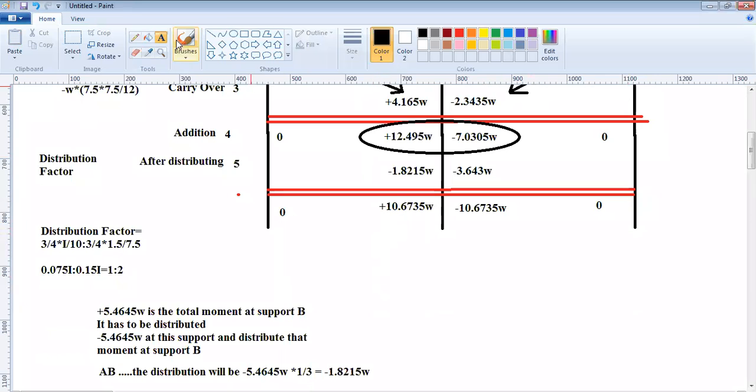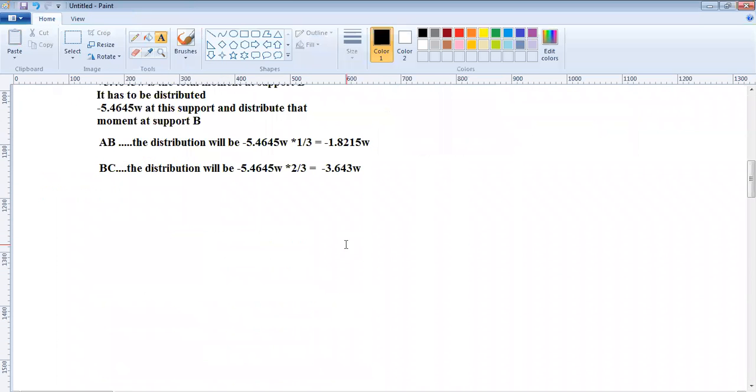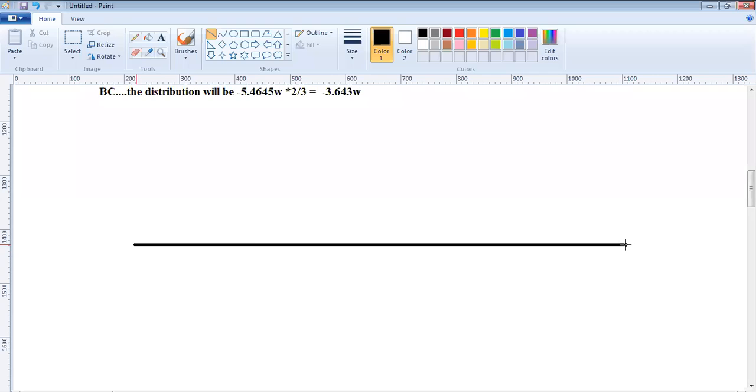And now you can see that support B is stable. If you take the summation of moments here, it will come out to be 0. So this is the final moment that we have obtained. Now you can go ahead with plotting these moments for the ABC beam.